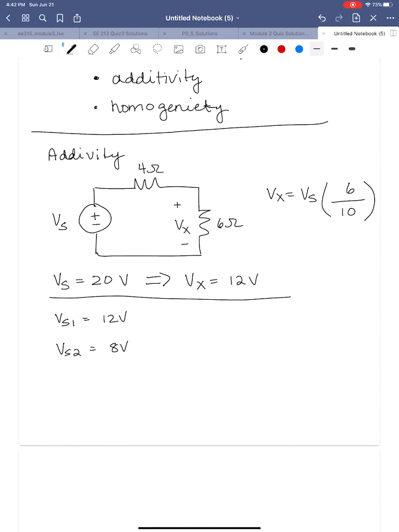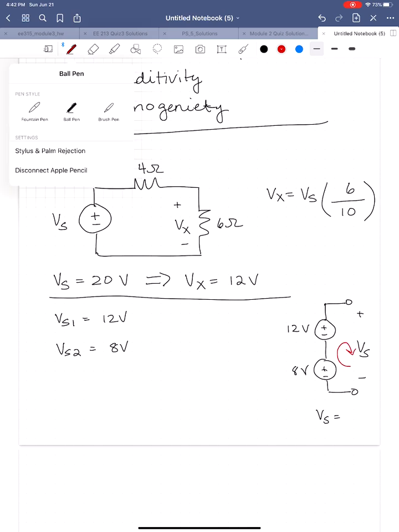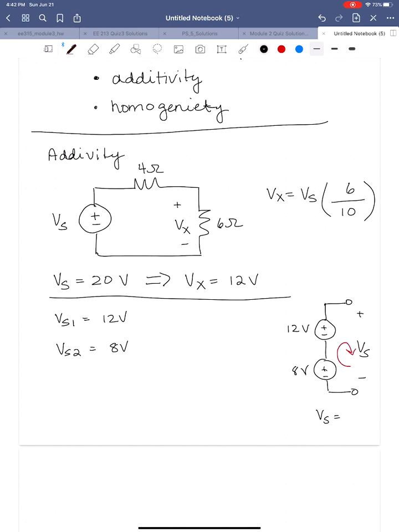So basically what we'd have from a circuit standpoint is two voltage sources in series, 12 volts and 8 volts. And if we were to write a KVL equation around this loop and solve it, then what we would get is that Vs is equal to 20 volts.